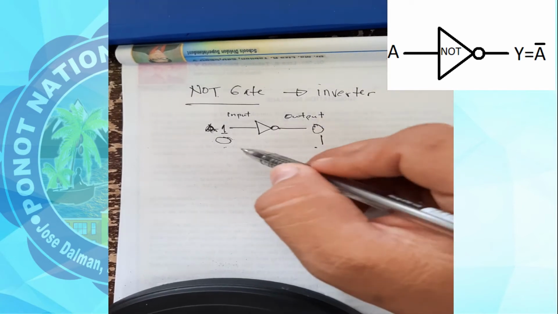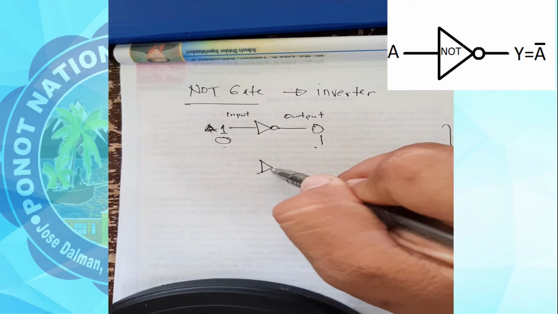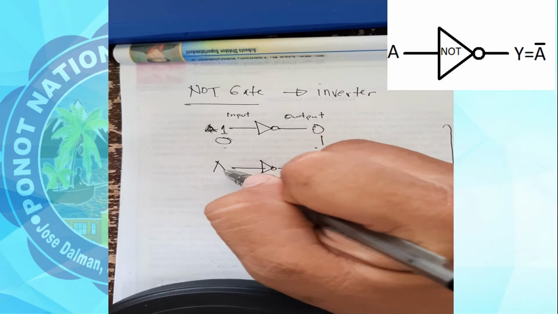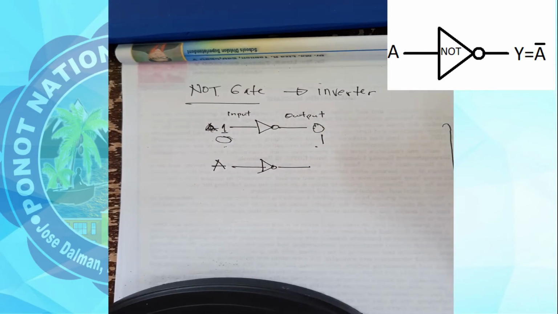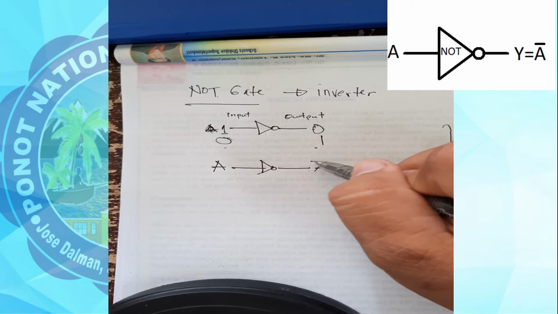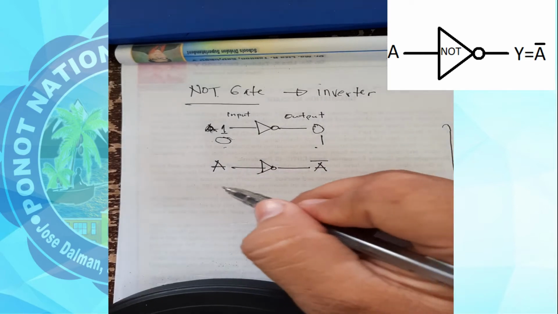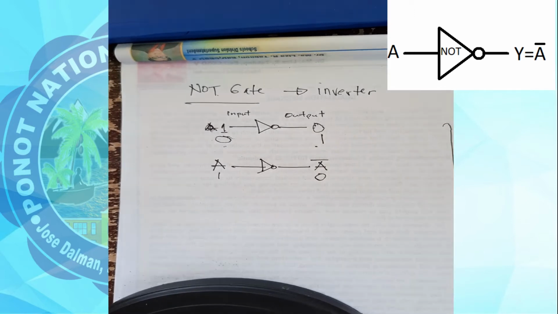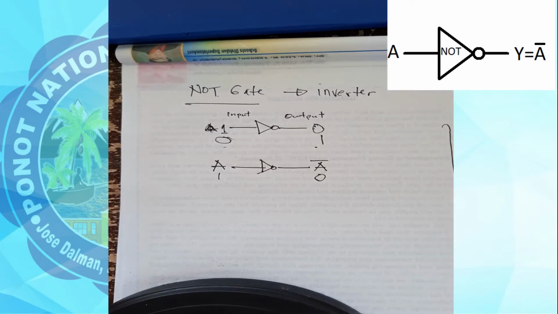So, in this case, ito yung symbol niya ha. If ang input mo is A, so ang inverted value niyan is A bar. Pag may bar, meaning 0. Okay, again.